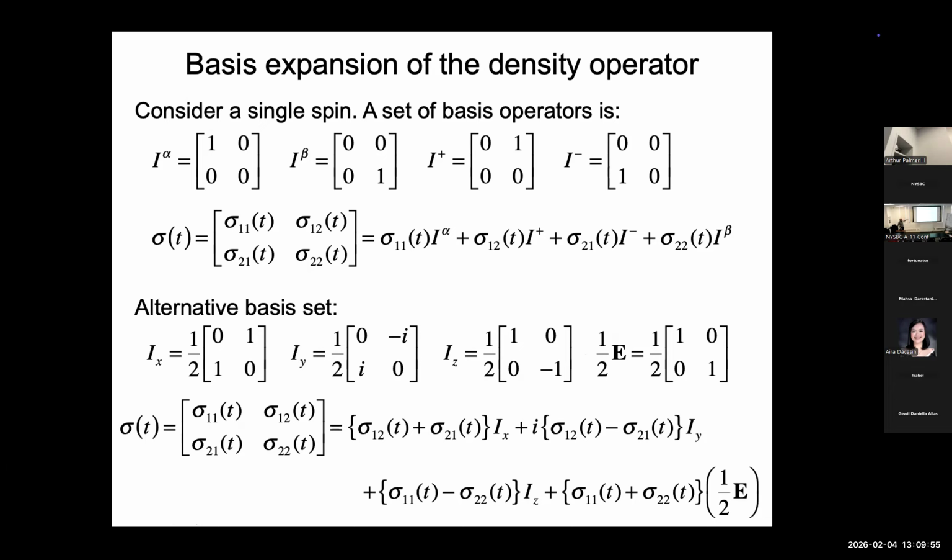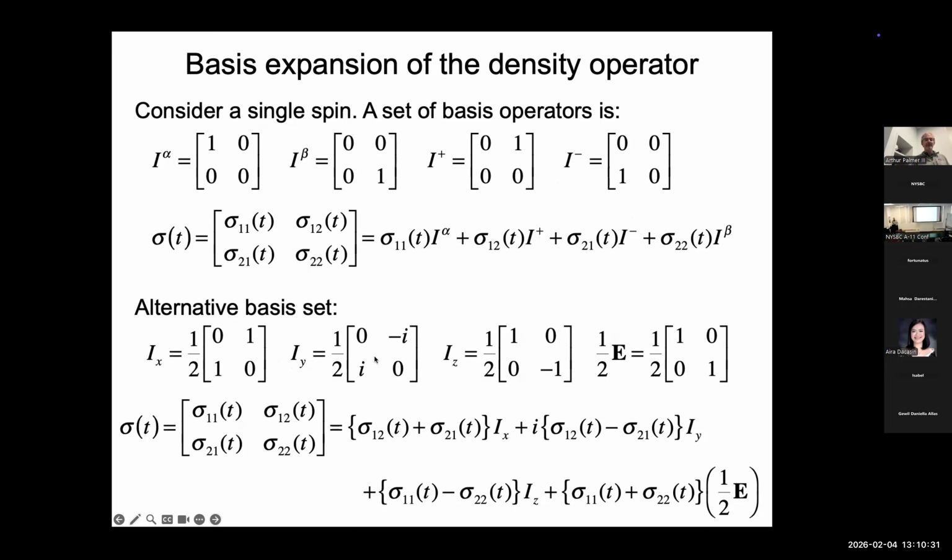So an alternative basis is shown on the top. I don't know why it's upside down, but we have I alpha, I beta, I plus, and I minus. And I plus we get from Ix and Iy by remembering that the definition of I plus is Ix plus i times Iy, where i is the square root of -1, and I minus is Ix minus the square root of -1 times Iy.